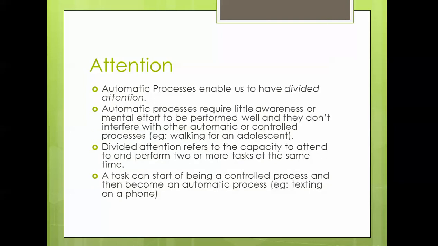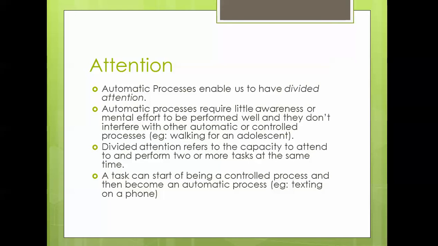However, automatic processes means that you can have divided attention. So automatic processes require little awareness or mental effort, and therefore you can tend to do perhaps two tasks at once and they won't interfere with each other. So divided attention basically means that you can tend to perform at least two or perhaps more tasks at the same time.